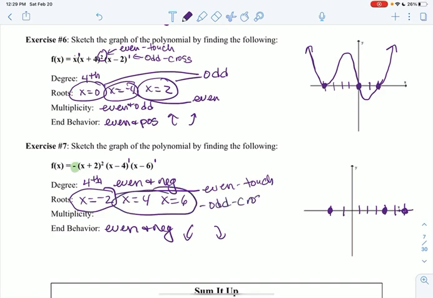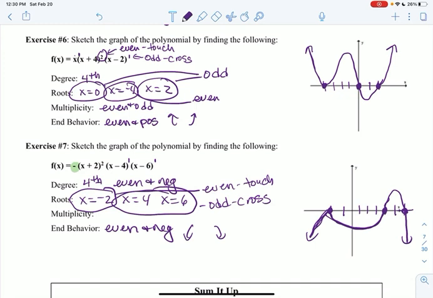So it's touching at -2, but remember it's facing down, so it's just going to touch at -2, bounce back, and it's going to cross at 4, and it's going to cross here. All right, somehow my line moved. All right, a little sloppy, sorry about that. But it's just touching at -2, but it's crossing at 4 and at 6. And the end behavior, it's facing down.